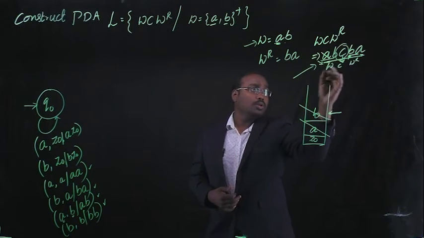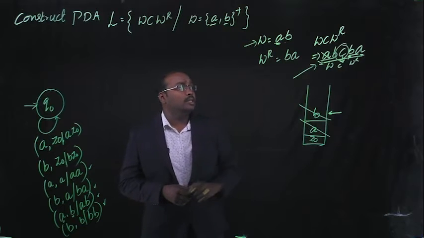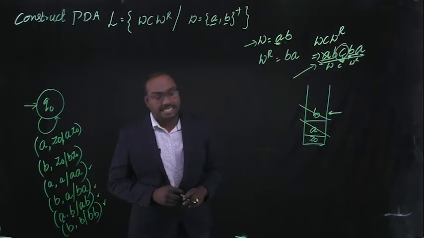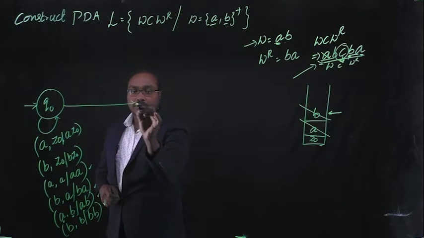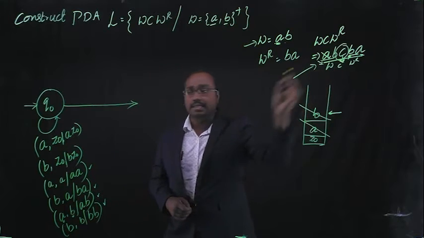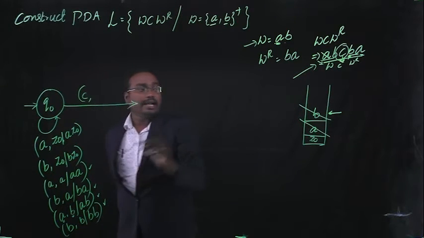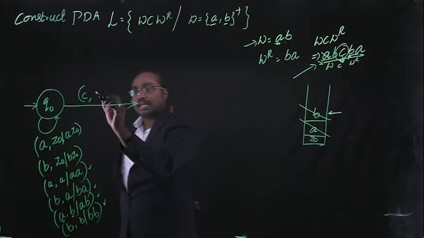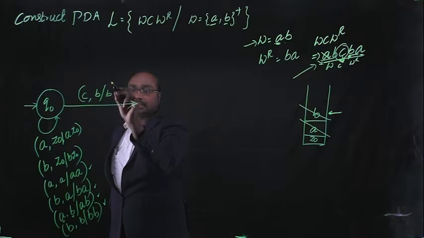So we insert all the elements until we see the input symbol C. Next, whenever we see the input symbol C, and the stack's top is, for example, B, leave that element as it is.